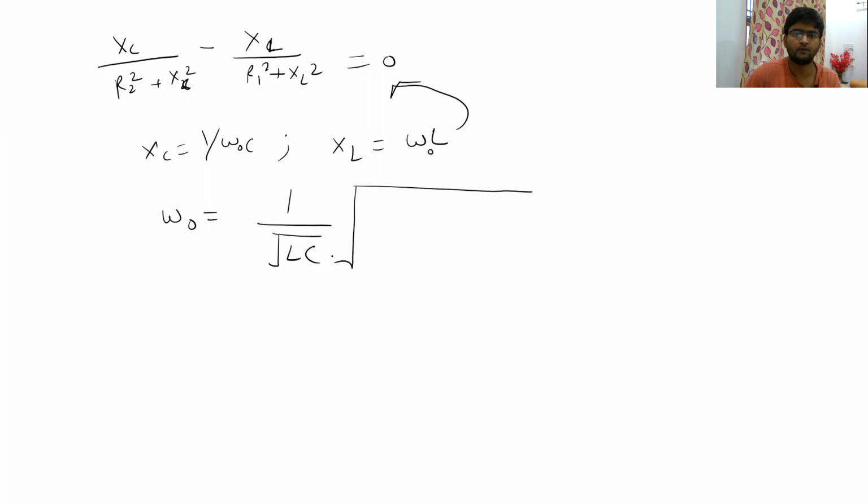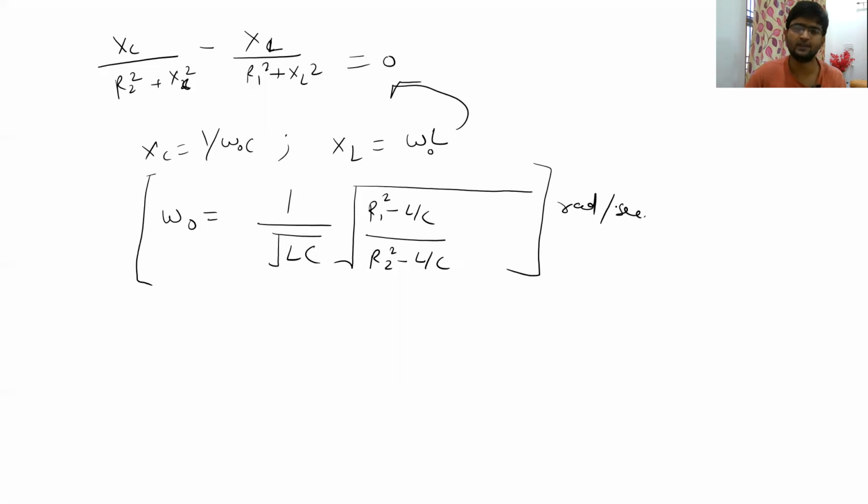So it will be 1 upon under root LC times under root of R1 square minus L by C upon R2 square minus L by C. So this is the equation of your resonant frequency in radian per second.